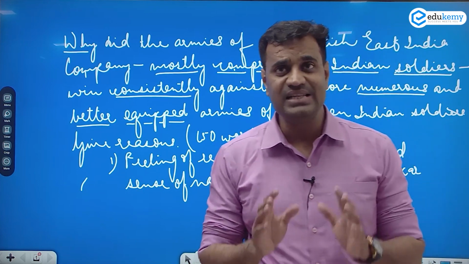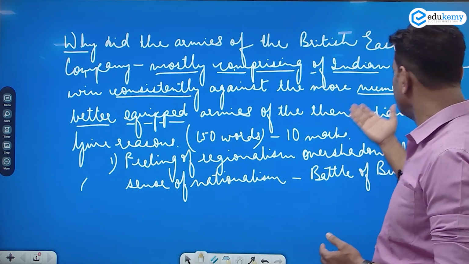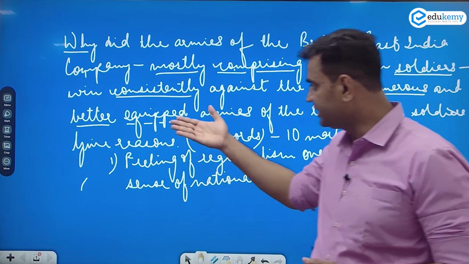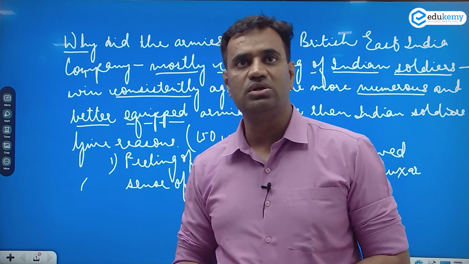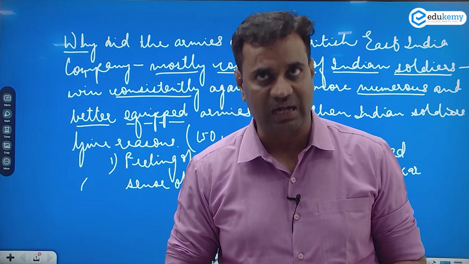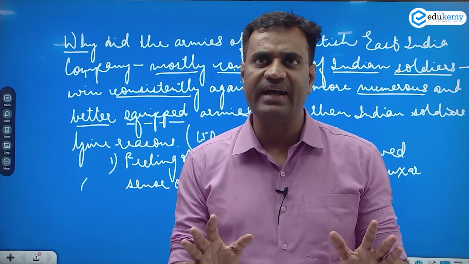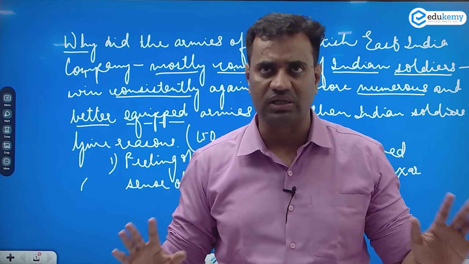Clear? That indicates that even though they were numerically superior and better equipped, they could not compete against the soldiers of the British East India Company, who were well organized, well disciplined, well coordinated.